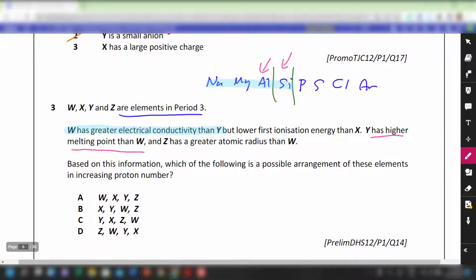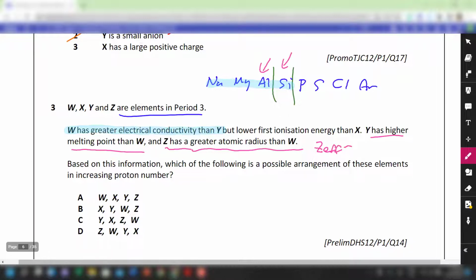Okay, and Z has a greater atomic radius than W. If you recall from atomic structure, in the same period, electrons are being put into the same valence shell. Effective nuclear charge is approximately equal to nuclear charge minus the screening effect.